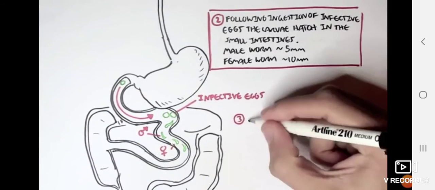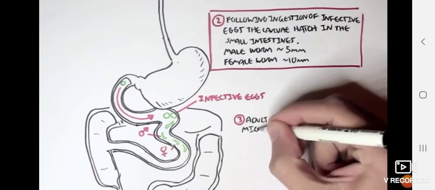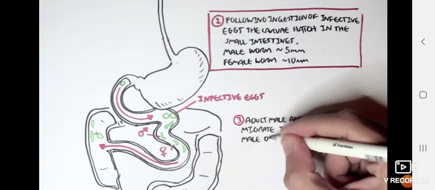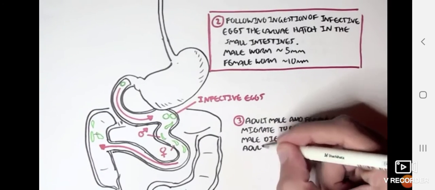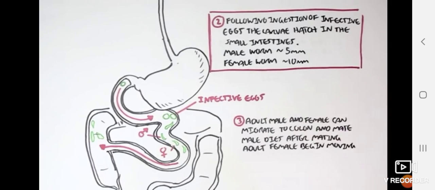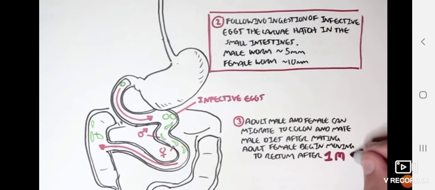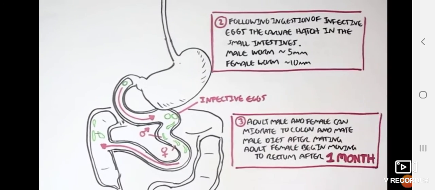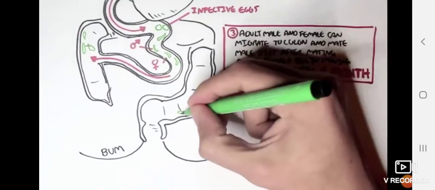Now the adult male and adult female can migrate to the colon, the large intestines, and then mate. The male dies after mating and the adult female begins moving to the rectum area about 1 month later. So here the worms migrate to the colon, they can mate, the female survives.